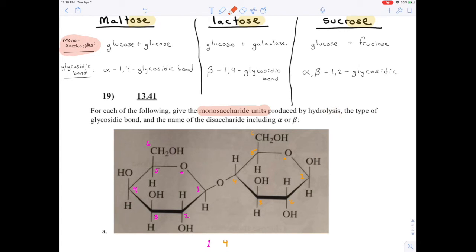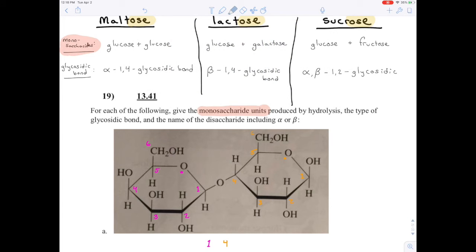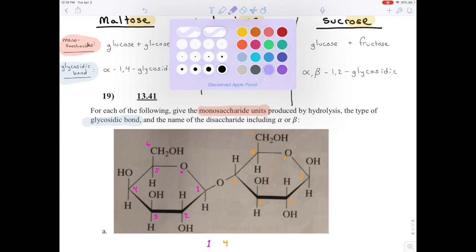If you break that apart using water, hydro, what 2 monosaccharides would you get? That's the first thing. The second thing is the type of glycosidic bond. And then they want you to name the disaccharide.